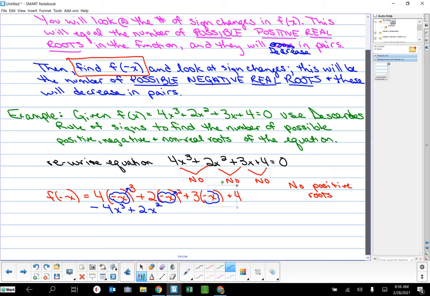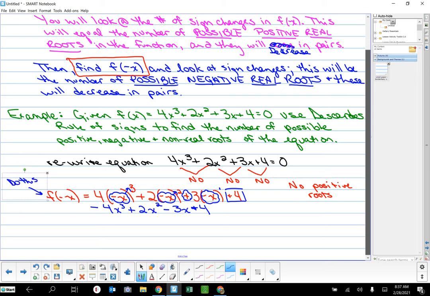This negative x is raised to the first power. So it's going to do what to this sign? It will make that a negative. So minus 3x. This guy can't change because there's nothing on it. So plus a 4. Okay, so now we're going to look at sign changes in f of negative x. So the first thing you have to do is actually make this happen. You have to do this.